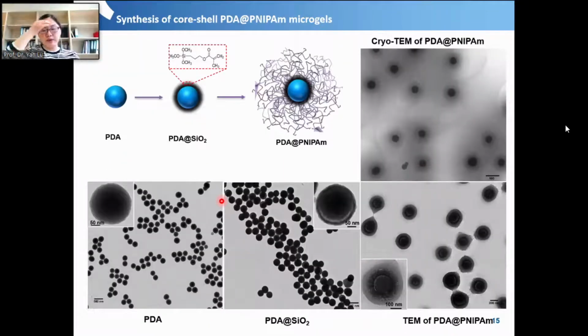So then we also use this concept to design our microgel particles. We use a polydopamine particle as a photothermal source, so a photothermal nanoparticle.